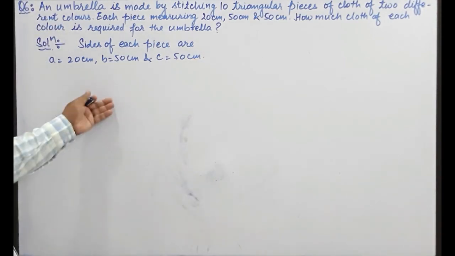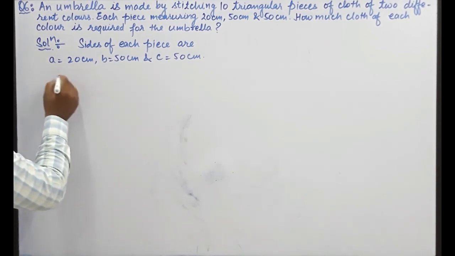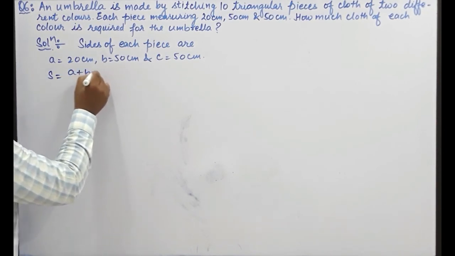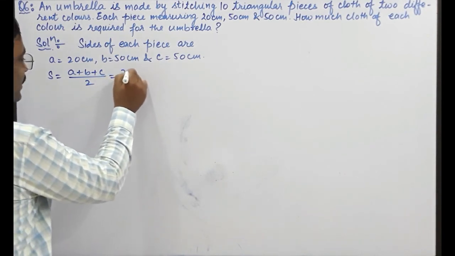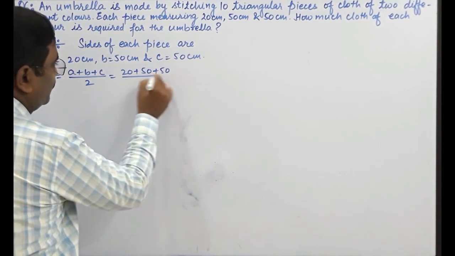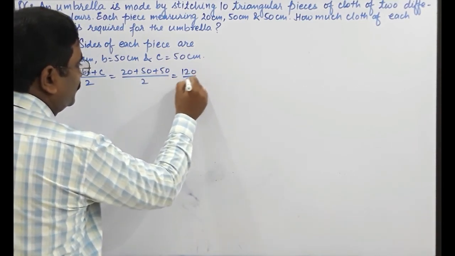So let us find the area of each piece. First we get the value of the semi perimeter, which is A plus B plus C by 2, that is equal to 20 plus 50 plus 50 by 2, which is equal to 120 upon 2, that is 60.